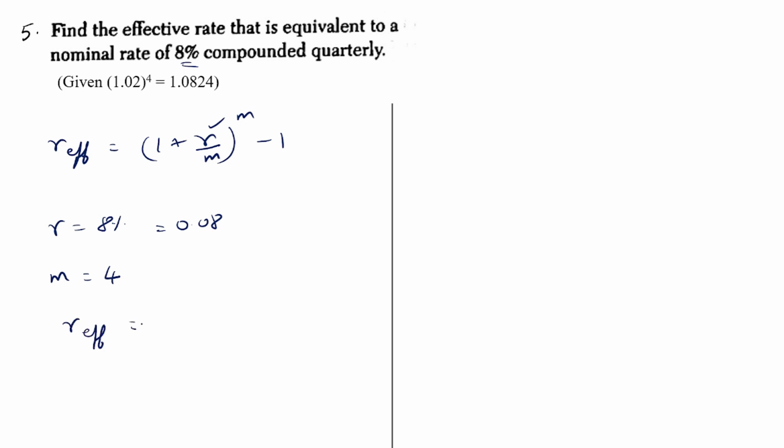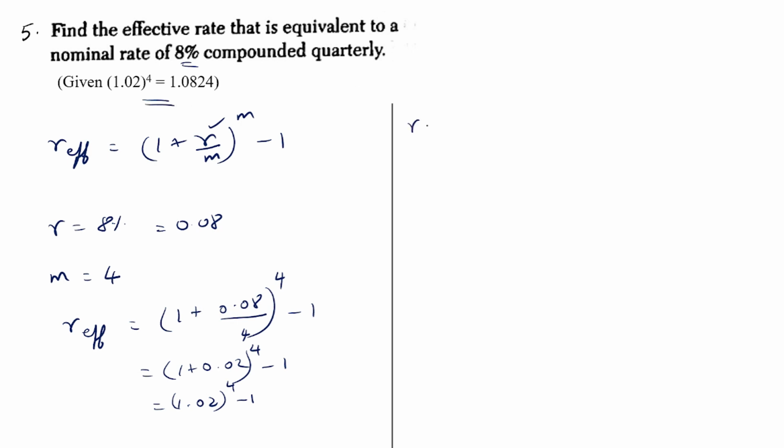Effective rate of interest is equal to (1 plus 0.08 divided by 4) the whole raised to 4 minus 1. So it is (1 plus 0.02) the whole raised to 4 minus 1, or it is 1.02 the whole raised to 4 minus 1. 1.02 the whole raised to 4 is given in the question.